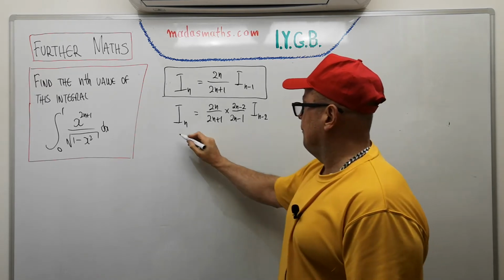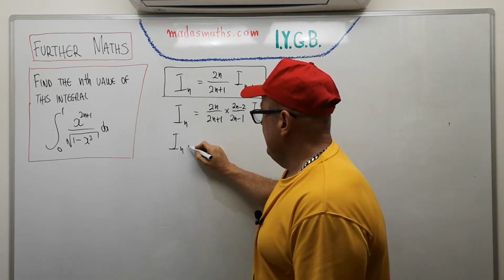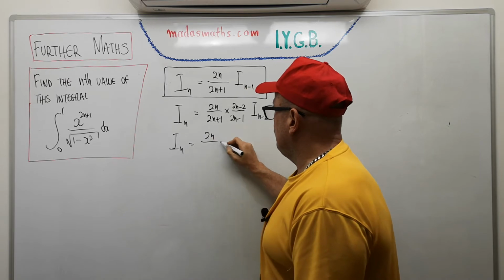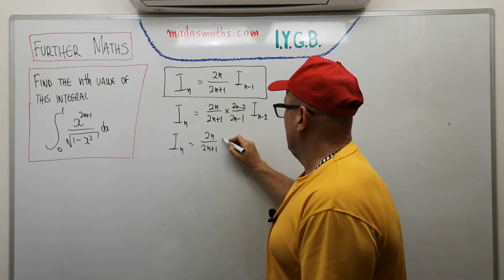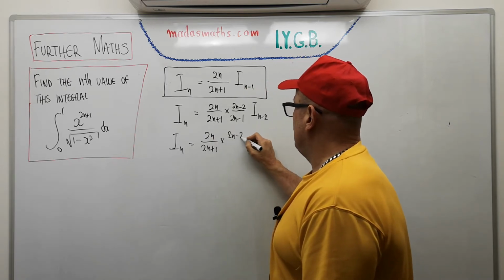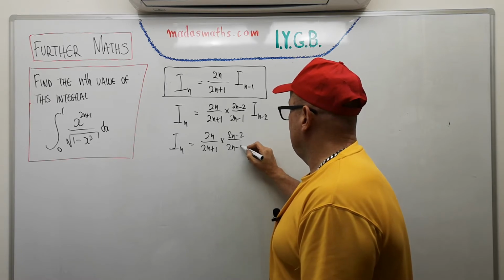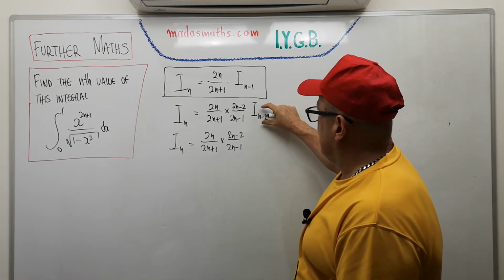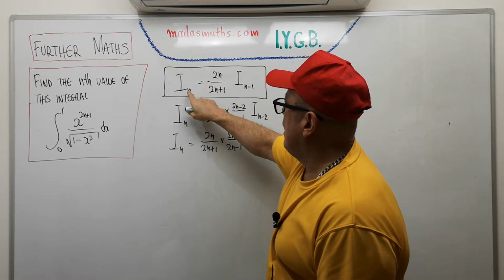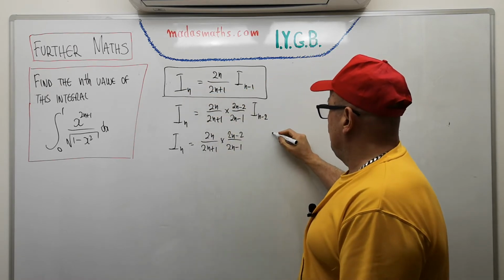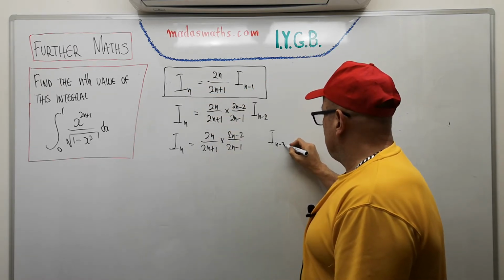Okay, we'll do it again. So I_n is quite clearly these two bits there times (2n minus 2) over (2n minus 1). And we're going to take this now and place it there. So that's I_{n-2}, so we'll produce an I_{n-3}.